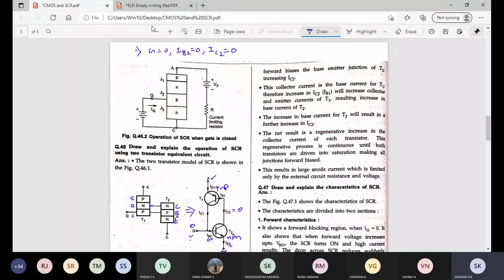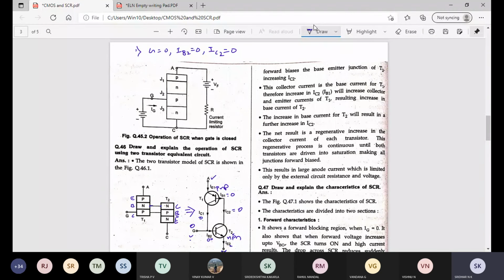If IC2 is 0, obviously IB1 will be 0. If IB1 is 0, that means base of transistor 1, that is PNP transistor, is 0, so this transistor will be turned off. If it is turned off, then IC1 also will be 0, the collector current of transistor 1.